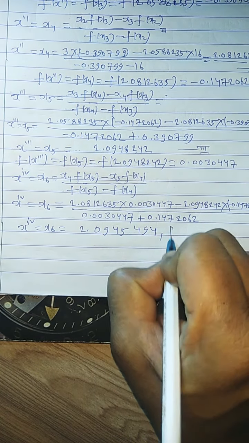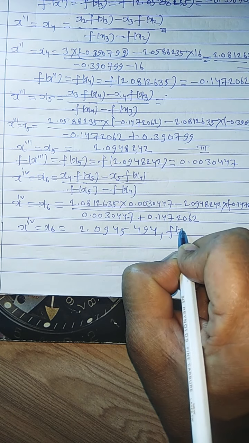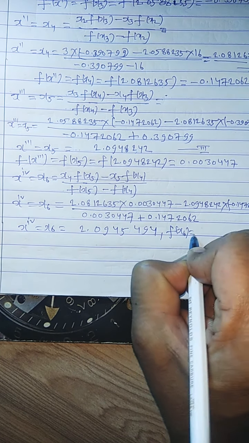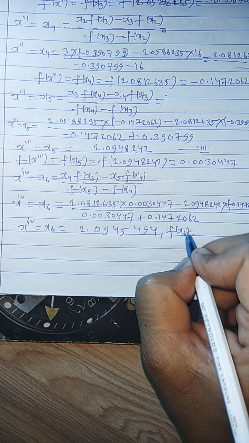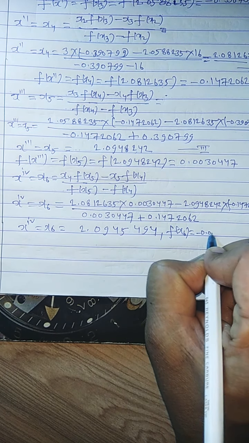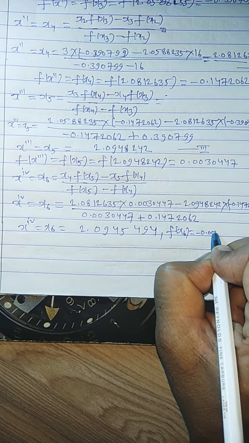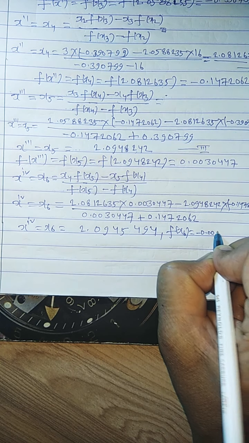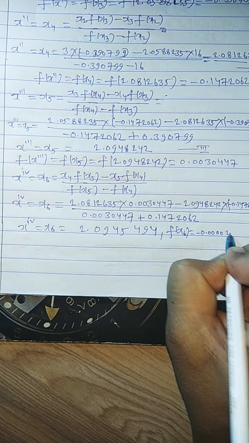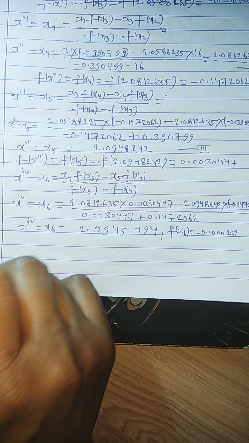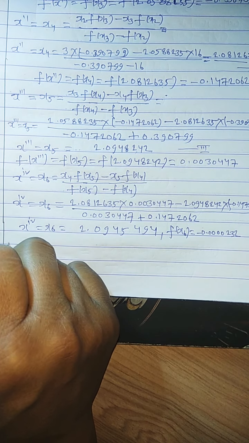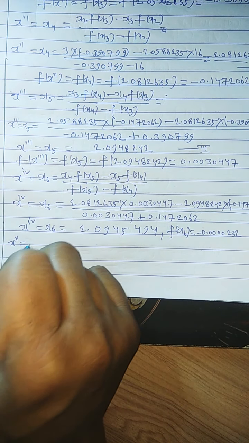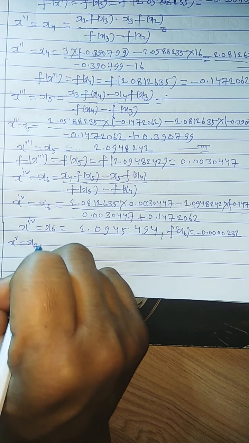Next we find the value of the function at this point, which is 0.0023.